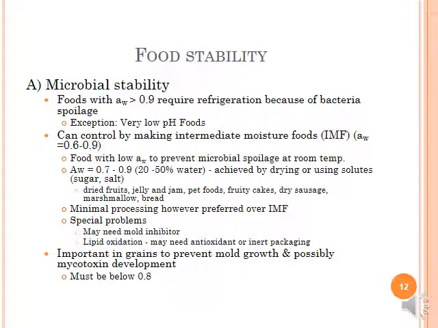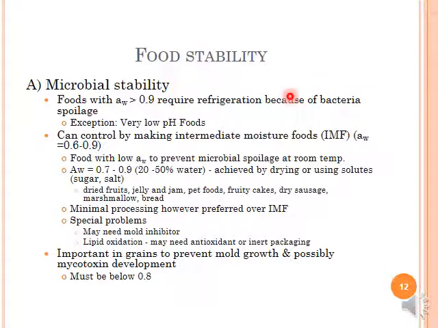Next we will look at different chemical reactions in relation with water activity. The first one is microbial stability. Most food at high water activity, the perishable group of food, would require refrigeration because it will slow down bacterial activity.